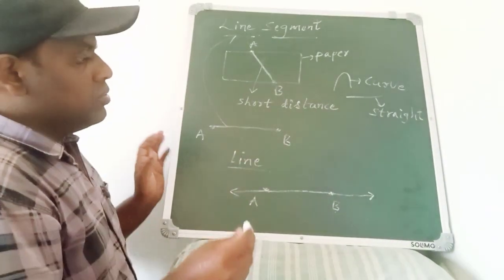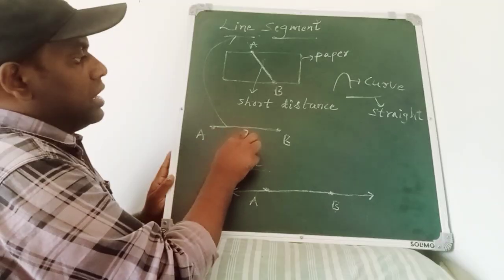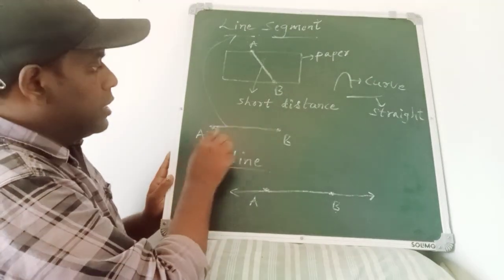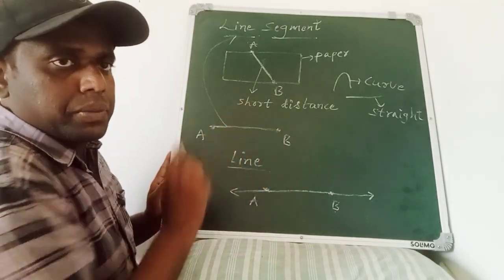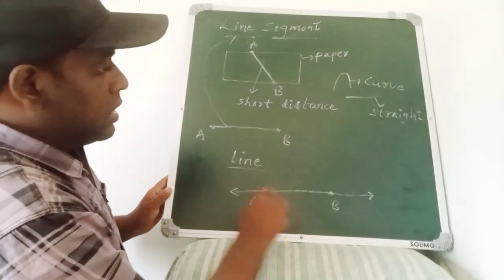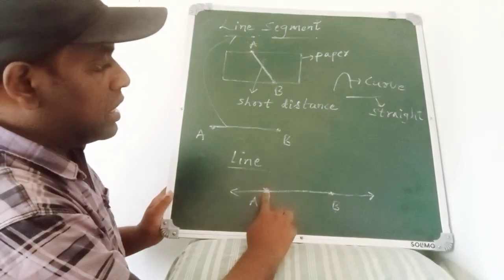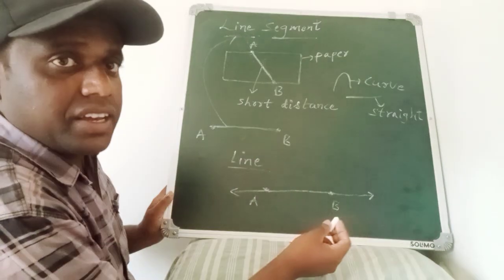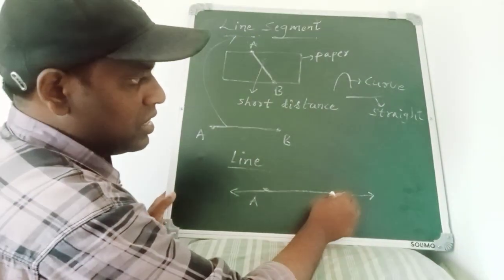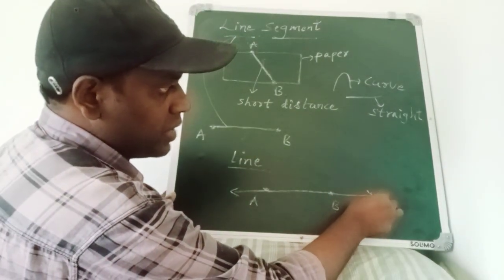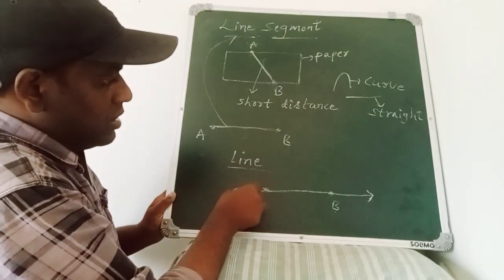Okay. So now see, a line segment has two end points, point A and point B. But the line is extending in both directions, this side and this side.